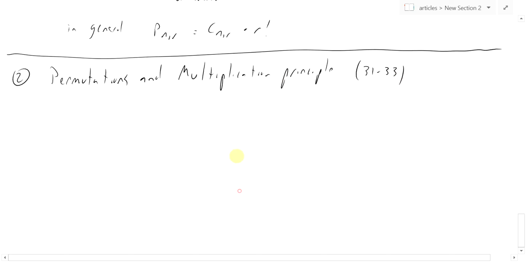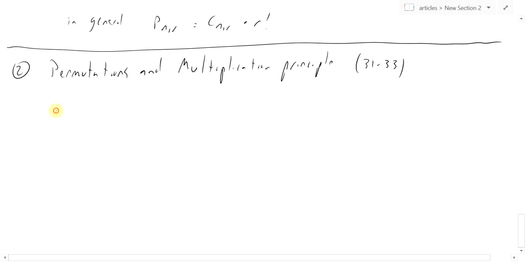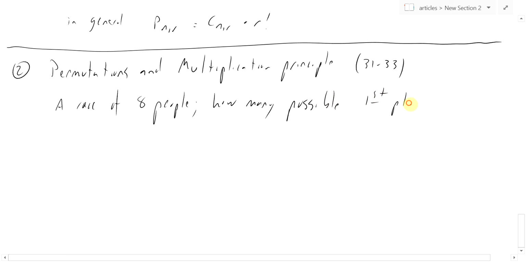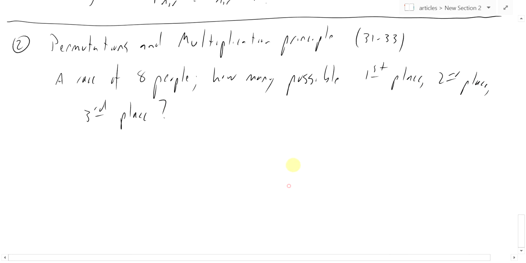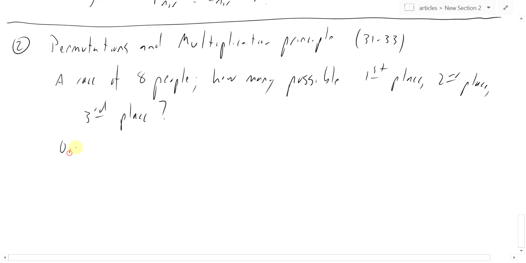The classic permutation problem is a race of 8 people. How many possible finishes are there? A finish is a first place person, a second place person, and a third place person. And it matters what order you're in.